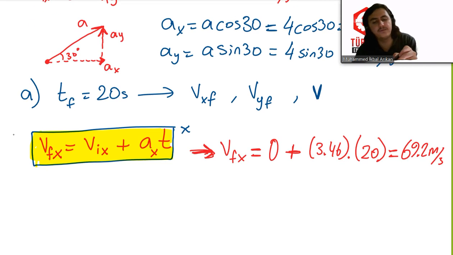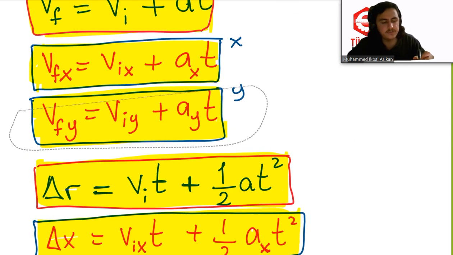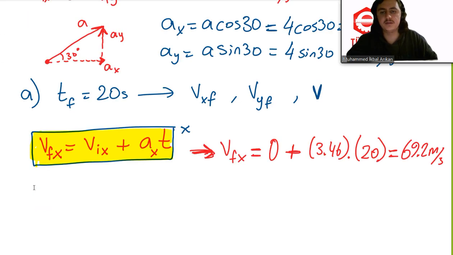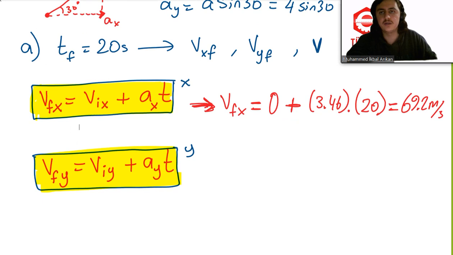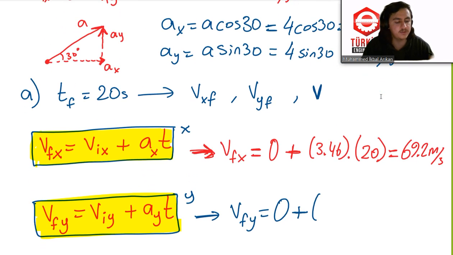What about the final velocity in y? I will use a formula which comes from here. So let's take this formula, copy and paste here. Our final velocity in y will be equal to 0, because initial velocity in y is 0. I started from rest. Plus acceleration in y, which I calculated was 2 meter per second squared. So I will put here 2. What about the time?